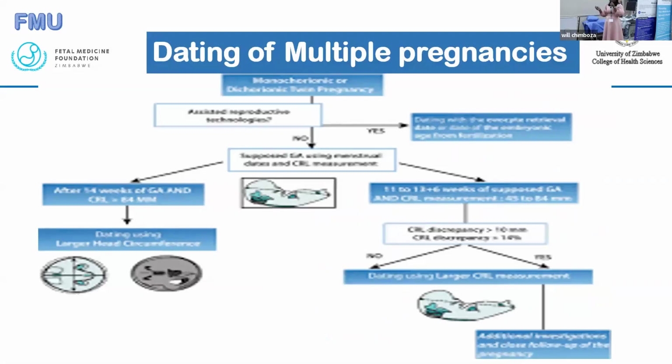On the first trimester scan, we check the CRL measurements of all the fetuses present. Then we use the measurement of the bigger twin or triplet. If the woman is presenting beyond the first trimester, we use the head circumference of the bigger twin or triplet.